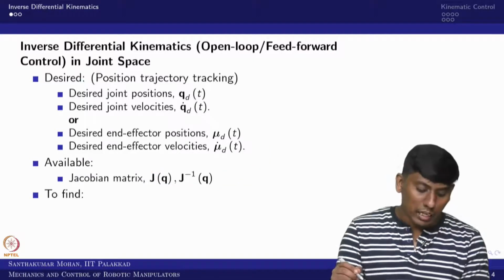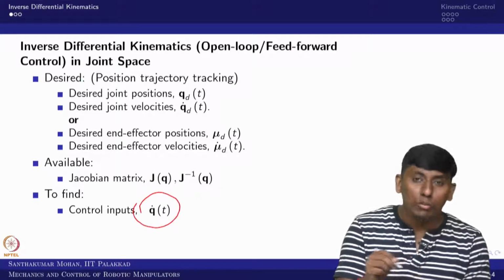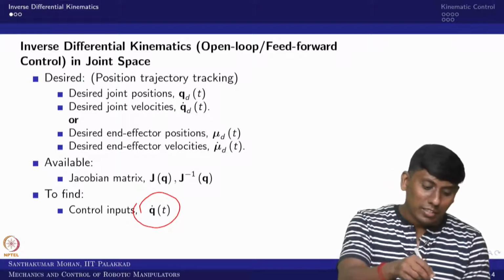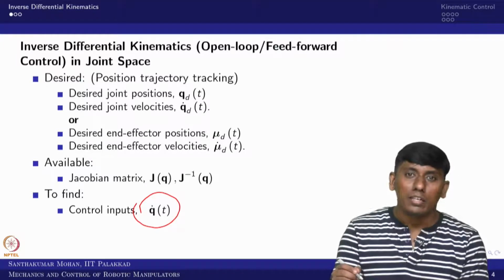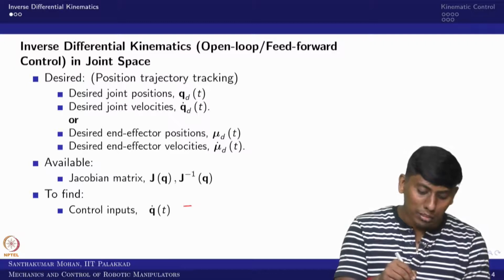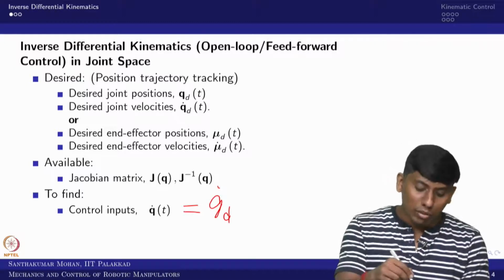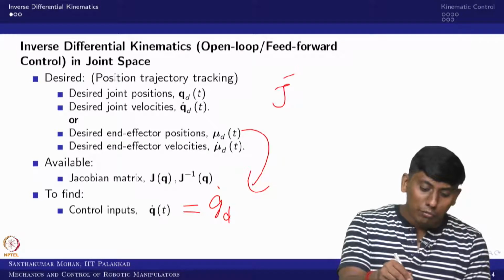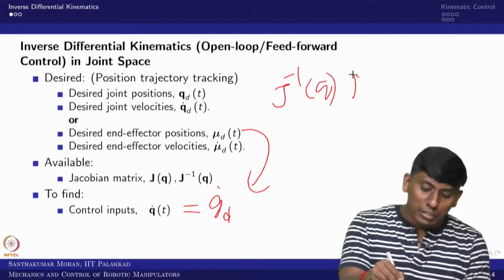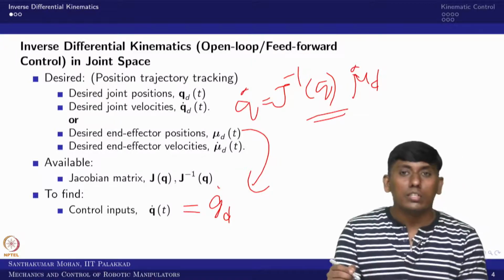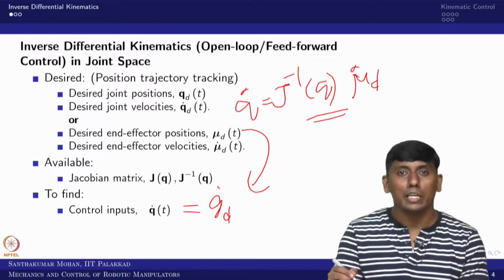We need to find q dot. Since it is inverse differential kinematics, q dot is nothing but J inverse of q into mu desired dot. This is what we call inverse differential kinematics.